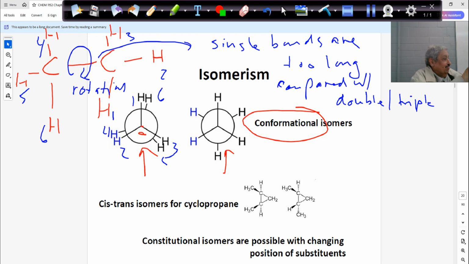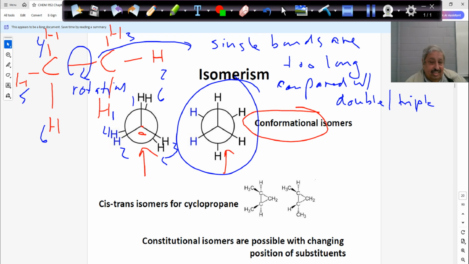See, you understand my point? So they are close to each other, but you can rotate them so they spread out. They are farther away from each other. Are you following me here? Everybody's following? Yeah, so that's only possible in a single bond. Double bond and triple bond, they don't have the way to do this.